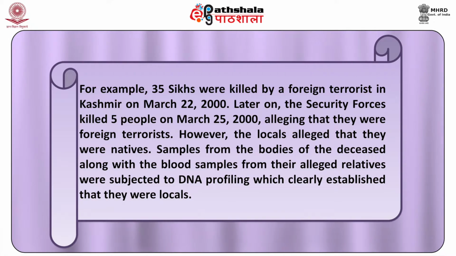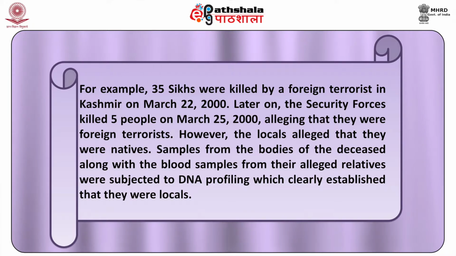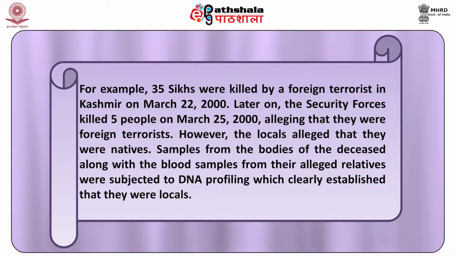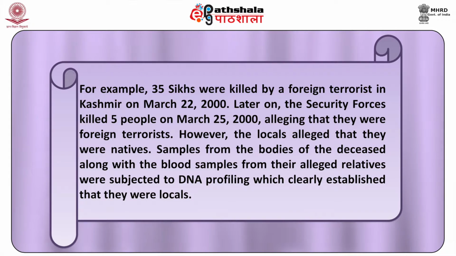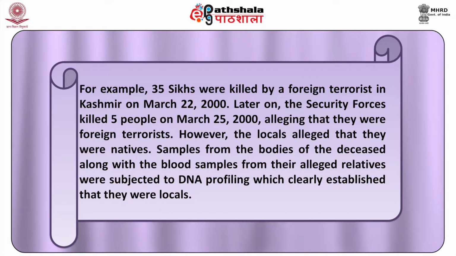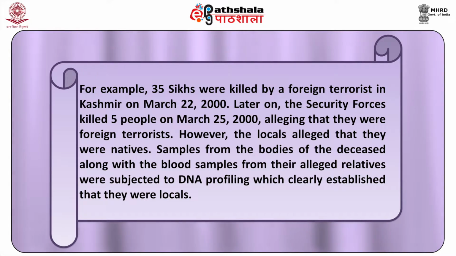Later on, the security forces killed 5 persons on March 25, 2000, alleging that they were foreign terrorists. However, the locals alleged that they were natives. The samples from the bodies of the deceased, along with blood samples from their alleged relatives, were subjected to DNA profiling, which clearly established that they were locals.